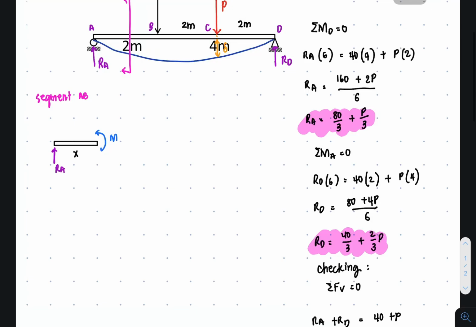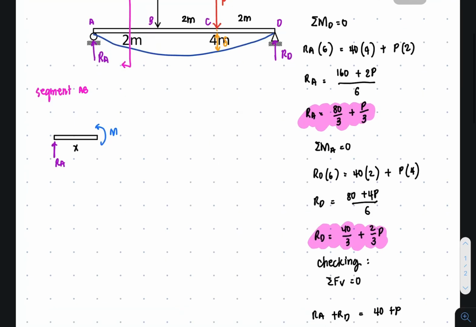So this time we're now ready to solve for the moment equation. Summation of moment at the point of cutting equal to 0. You will have M equal to RA times X.